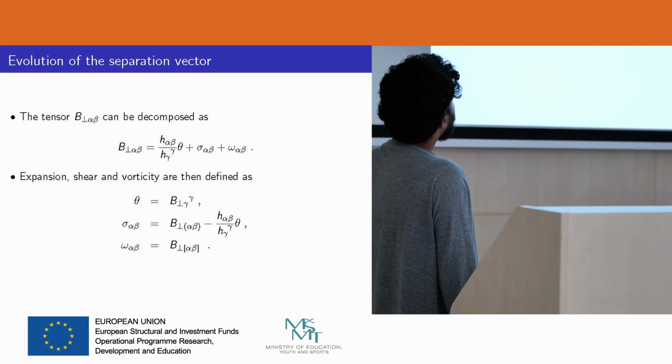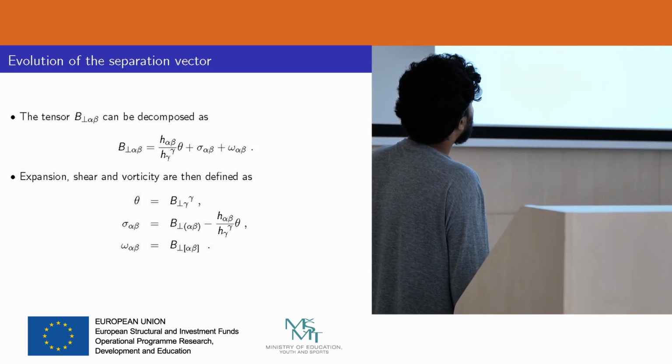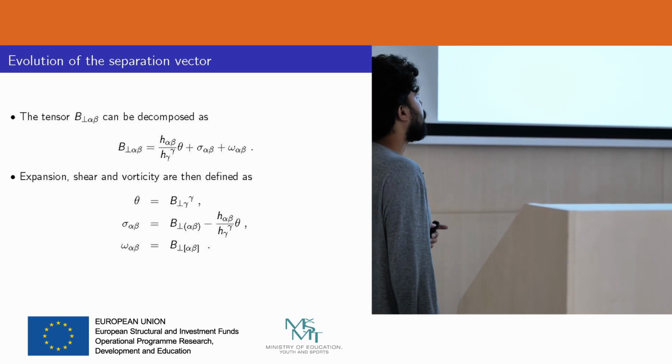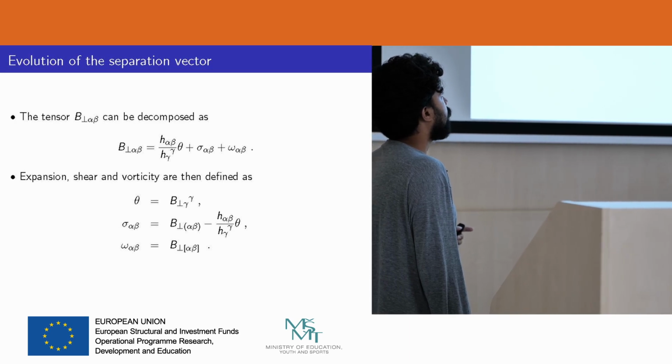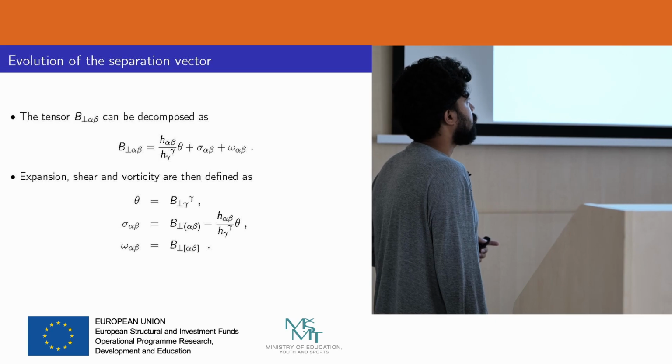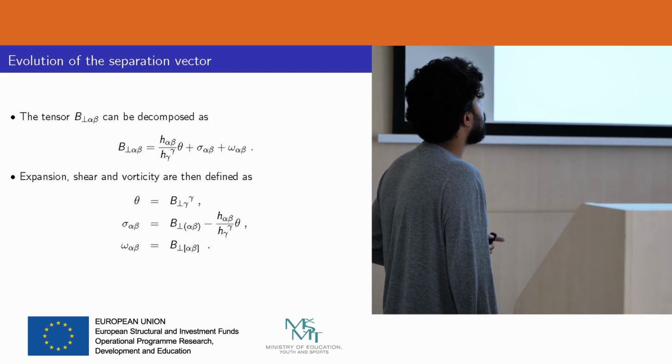And we can write in a more general setting that this B perpendicular alpha beta can be written as the combination of expansion, shear tensor, and also this vorticity or twist tensor.